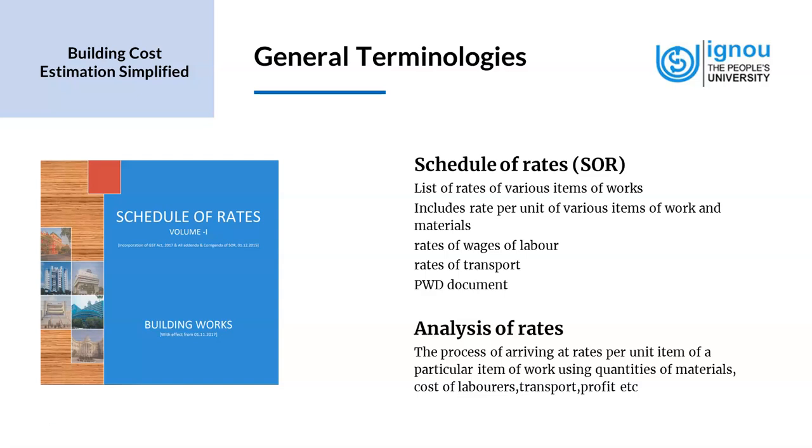This takes into consideration many things like quantity of materials, laborers, transport, profit, etc. It is easy for us to take the rates directly from the schedule of rates documents, or else we can arrive at our own rates based on the process of analysis of rates.